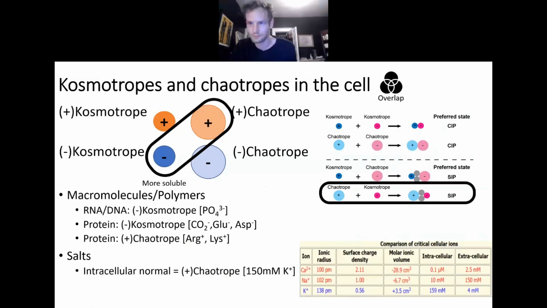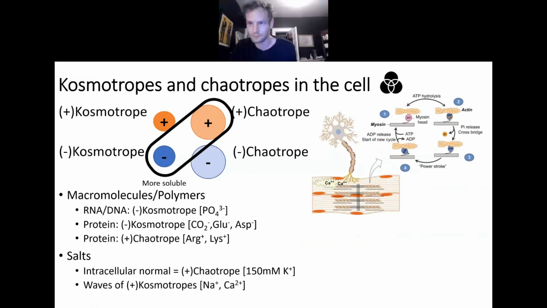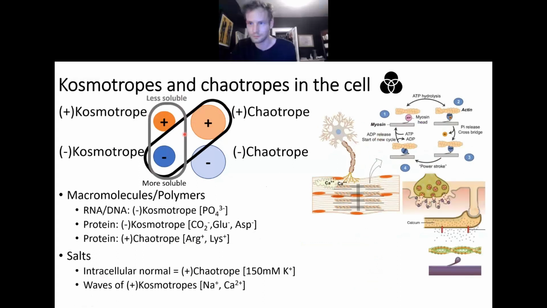But then when you think of an action potential where you're replacing that with sodium, or triggering muscle contraction where you're releasing waves of calcium into the muscle, now you're adding a very, very strong positively charged cosmotrope, right? Less soluble.